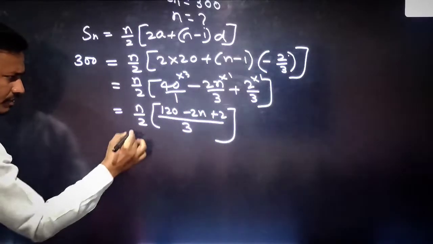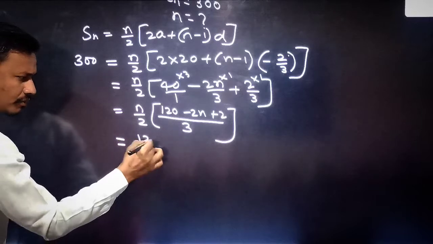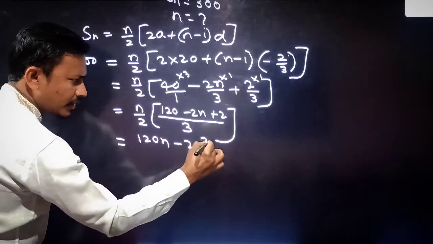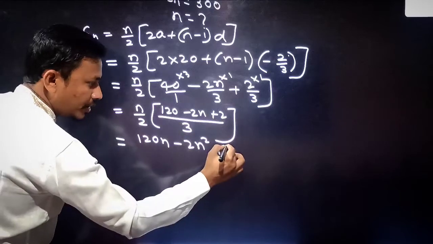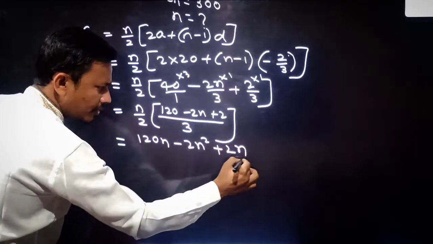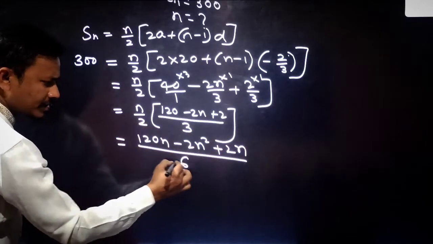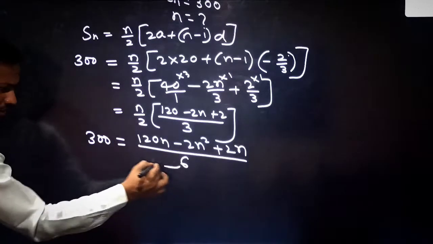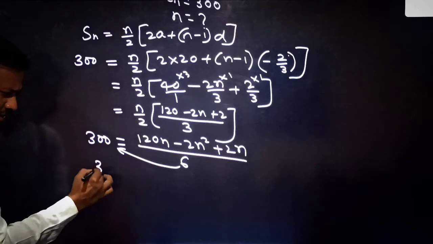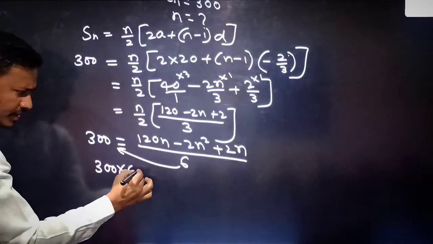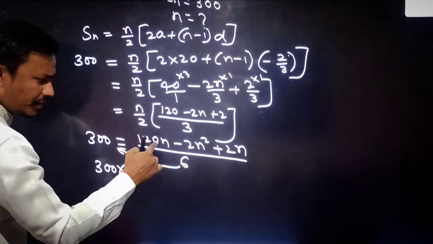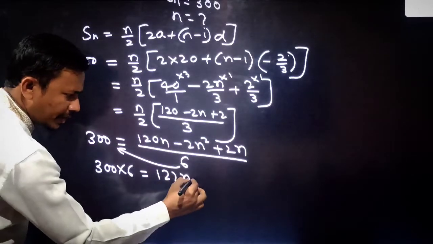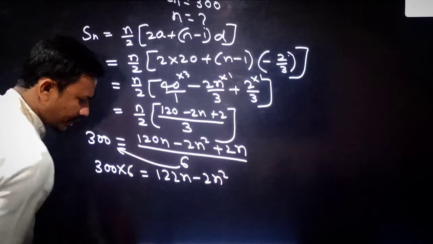Correct? This is equal to 120 into n, 120n minus 2n into n, 2n square plus 2n, all divided by 2 3s are 6. Here 300, division, it will become multiplication. 300 into 6 is equal to 120n plus 2n, 122n minus 2n square.